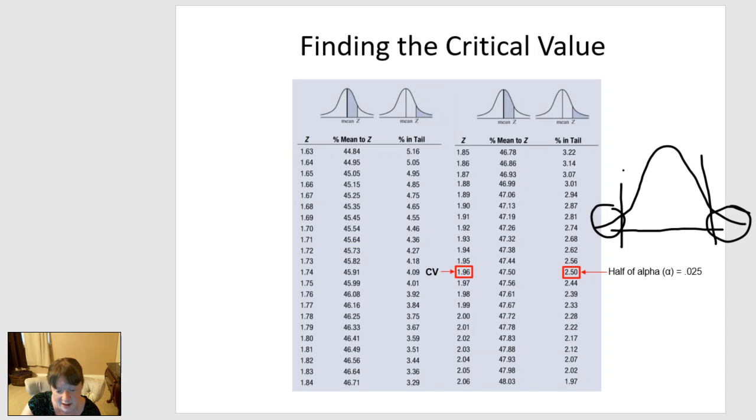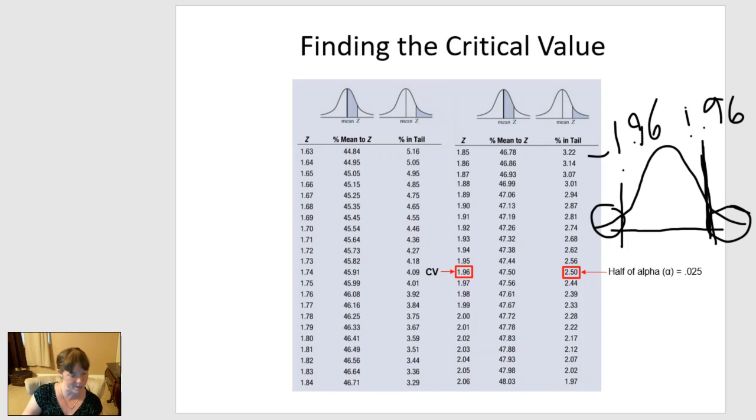My standard normal table is telling me that if it's standardized and 2.5% is in the upper tail, then the z value that cuts off that 2.5% is 1.96. 1.96 is this number right here. And because z distributions, or normal distributions, are symmetrical, over here must be negative 1.96.